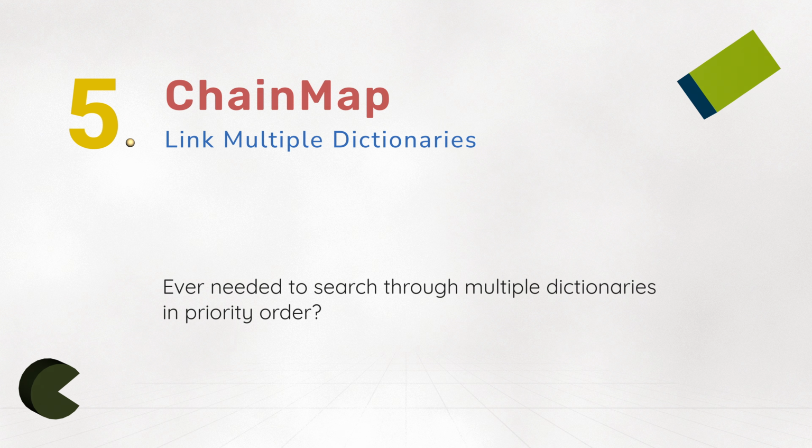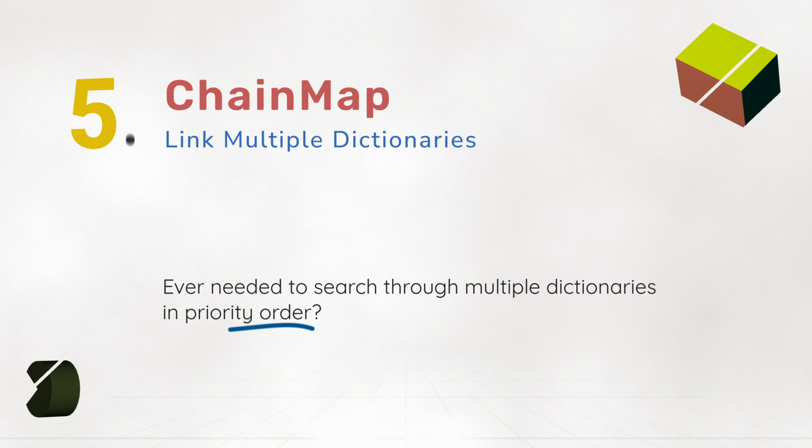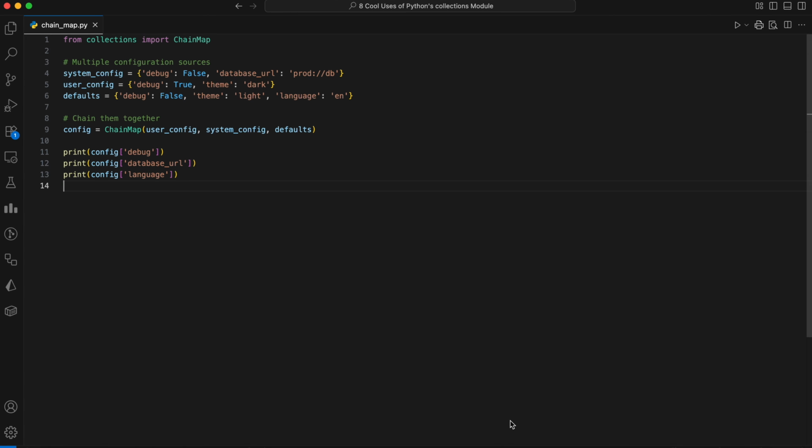Ever needed to search through multiple dictionaries in priority order? ChainMap is perfect for this. This code demonstrates how to use the ChainMap class from the collections module to combine multiple dictionaries into a single logical view. It sets up 3 dictionaries representing different configuration sources: user config, system config, and defaults.